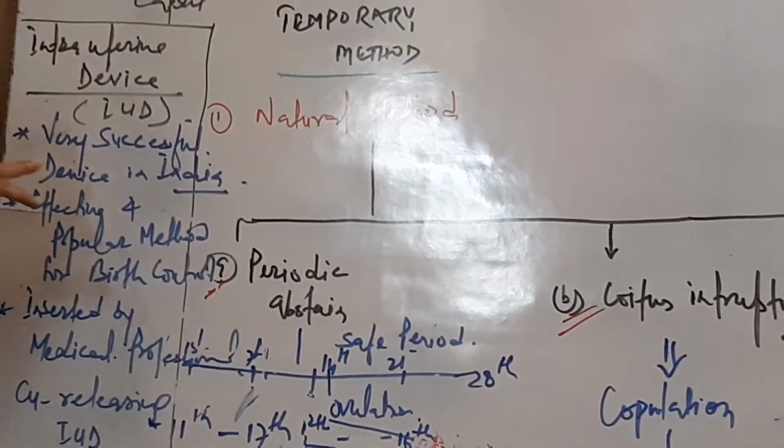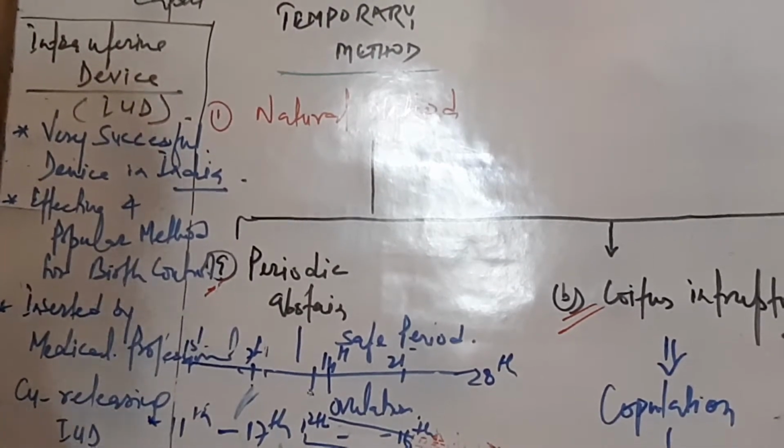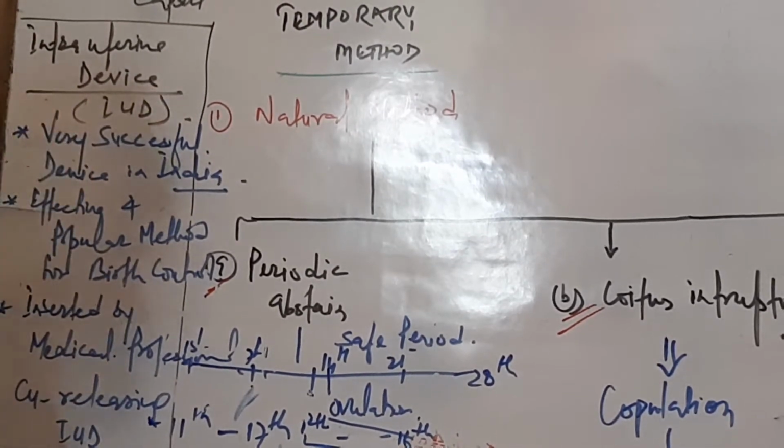Another mainly very successful method is the intrauterine device, the IUD method. It is a very successful method in India. It is the copper T, which is very famous and successful in the Indian government's family planning program.